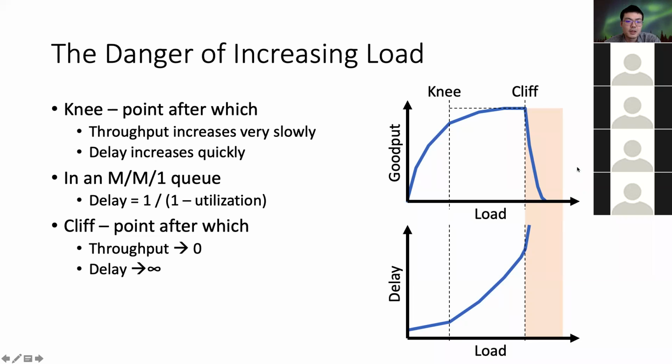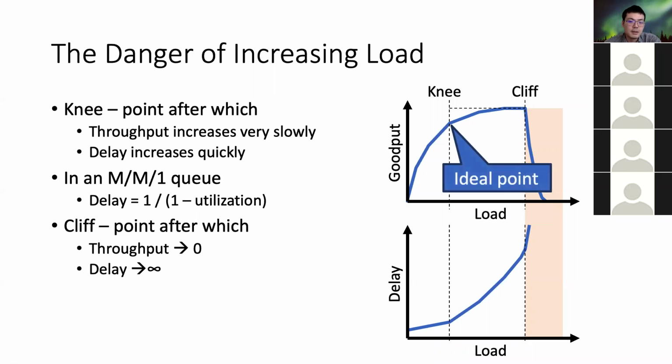So you do want to utilize your bandwidth maybe 20%, so your delay is acceptable. Once you go beyond the cliff, congestion really happens. Your throughput will go to zero very quickly, and the delay goes to infinity. Any questions?